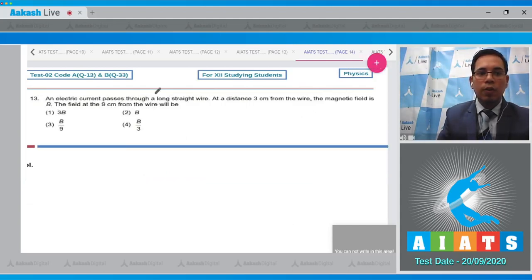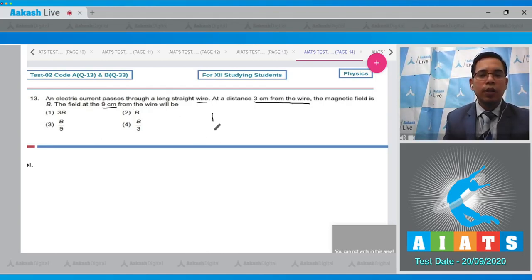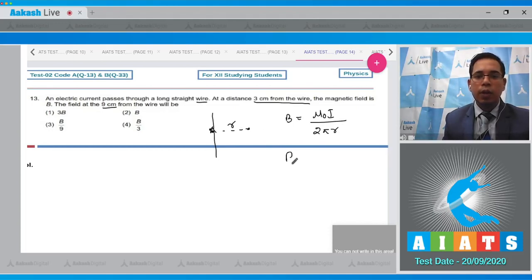Now move to question number 13, which states that an electric current passes through a long straight wire. At a distance 3 cm from the wire, the magnetic field is B. Then the magnetic field at 9 cm from the wire will be. Now dear students, we know that for a current carrying wire, the magnetic field at a distance r is given as B equal to mu naught I upon 2 pi r. Now all the other things are the same, that means B is proportional to 1 by r.